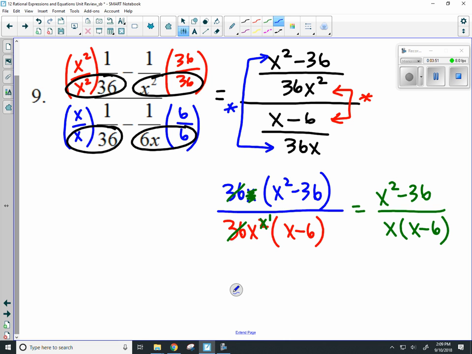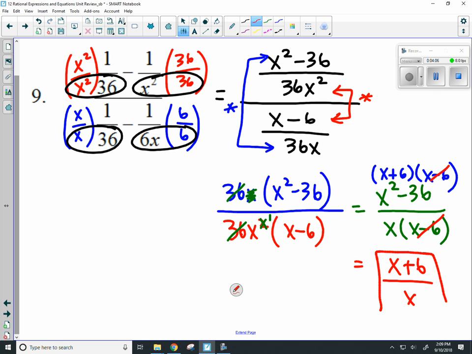Alright, and then we can still factor the top a little bit more with difference of squares. So the x minus 6's will cancel each other out, leaving us with an x plus 6 in the numerator and just a plain old x in the denominator. And don't be tempted to cancel those x's because that would be illegal and you can't do that.